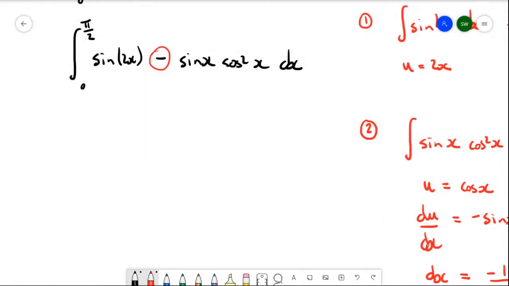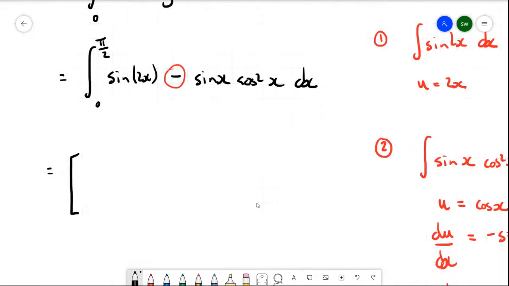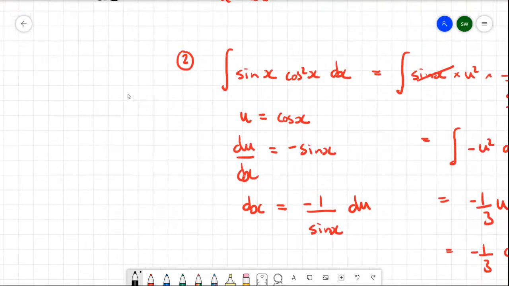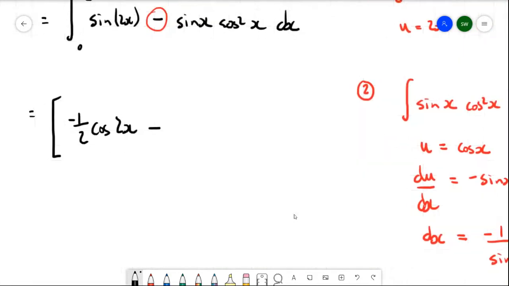So when we go to square brackets and when we integrate this, I'm going to have the integral of sine 2x, which we worked out was minus a half cos 2x. And then I'm going to use that minus in the red circle there. And then I need to subtract the integral of sine x cos squared x, which was minus a third cos cubed x.